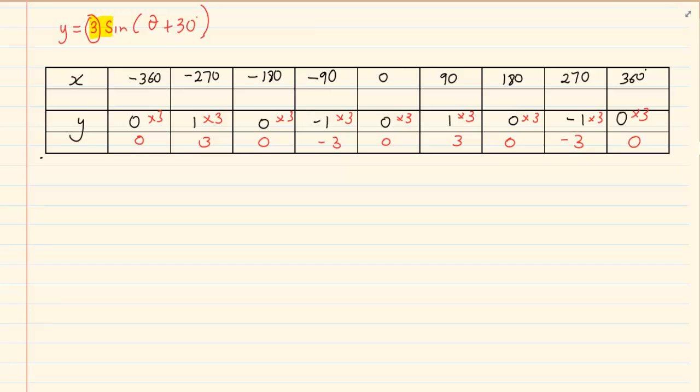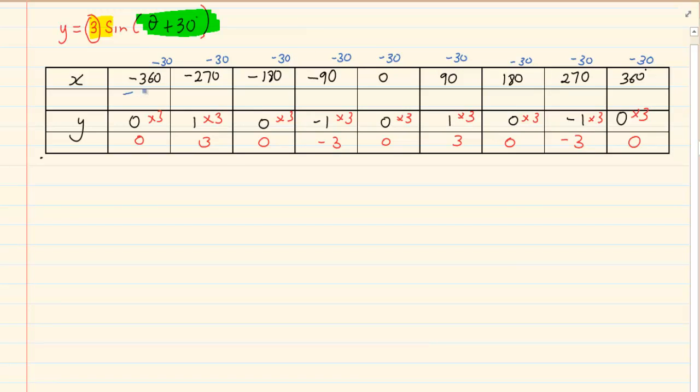Now, look at the adjustment to the x. It is theta plus 30 degrees. Remember, I told you that x always works opposite. So what are we going to do? We are going to subtract 30.